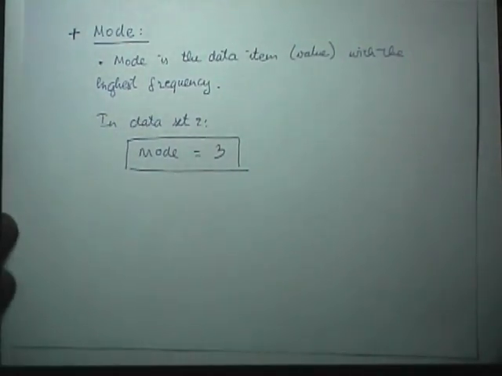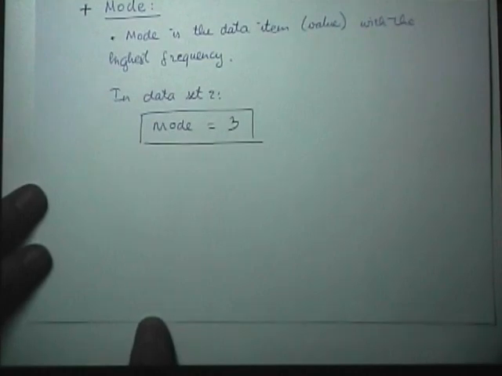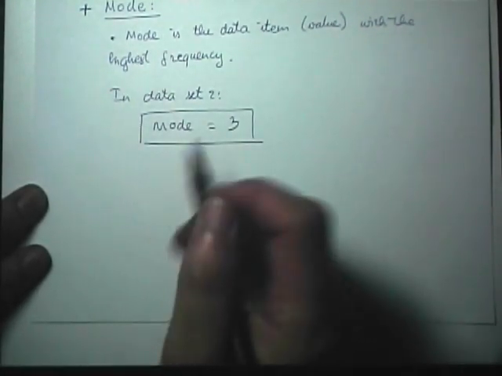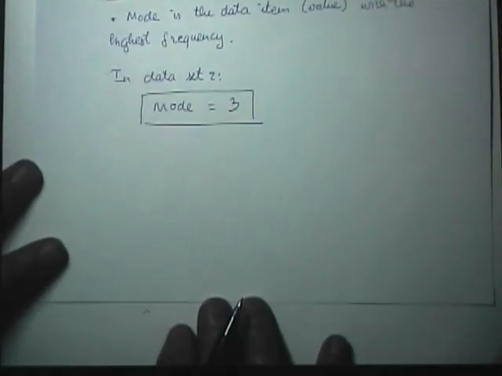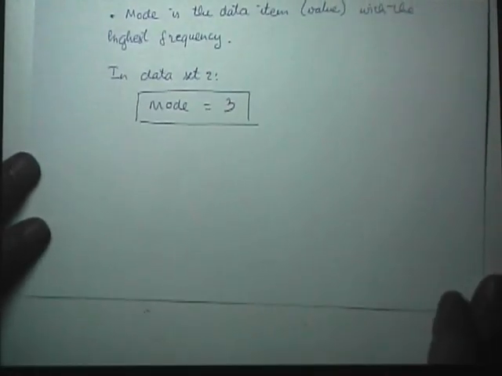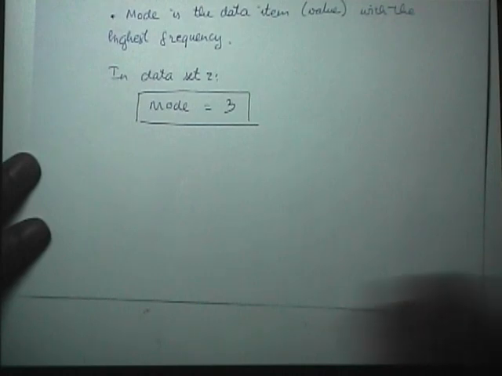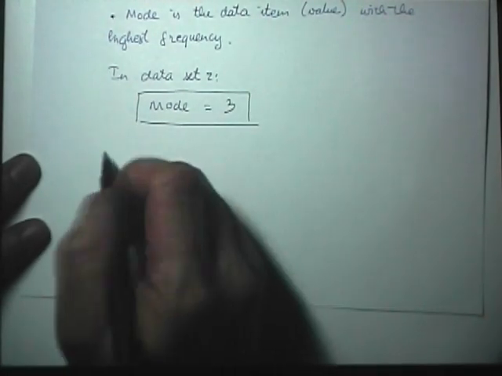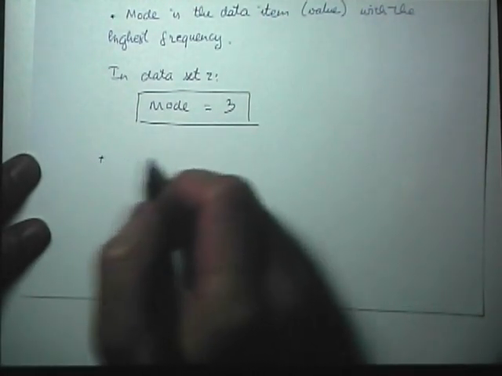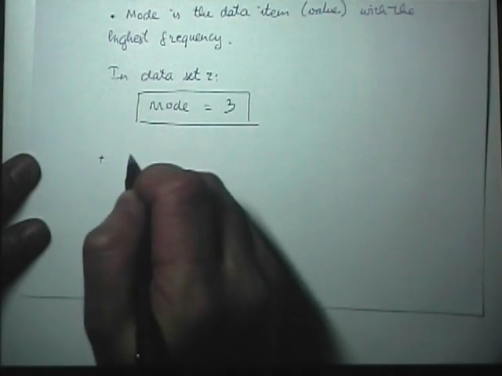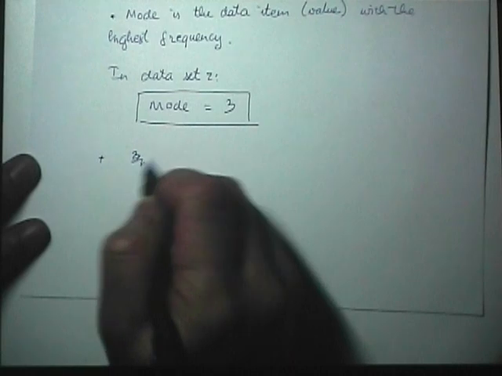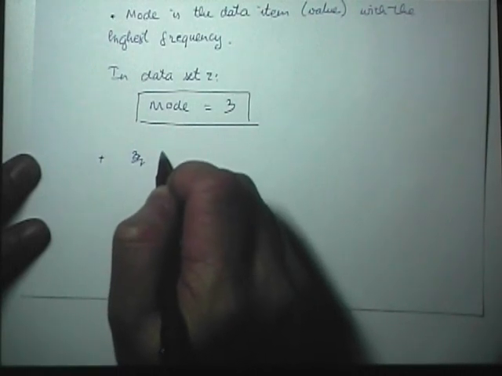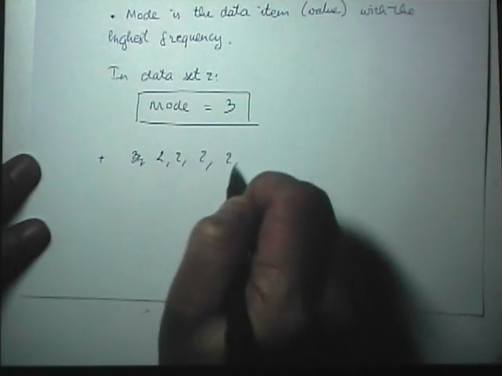Okay? Now, what happens in some cases, and I don't know how rare or how often it could be, but there are cases where all your data values are just the same, like say 2, 2, 2, 2, 2, and 2.